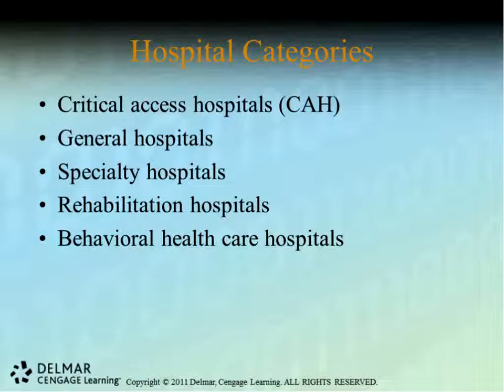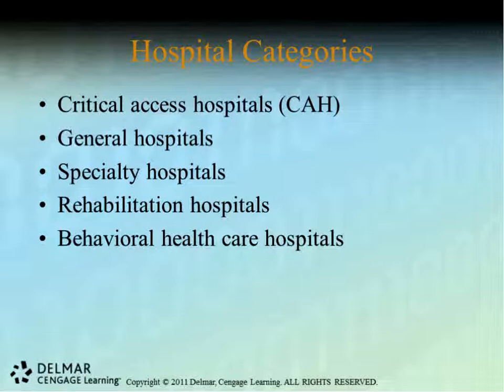So if the critical access hospital is in use of swing beds, then they can have up to 25. All right? But they can have no more than 15 at any one time for acute care services. And they only can have 96-hour stays. They can't go above and beyond that unless there are some unusual or exceptional circumstances.